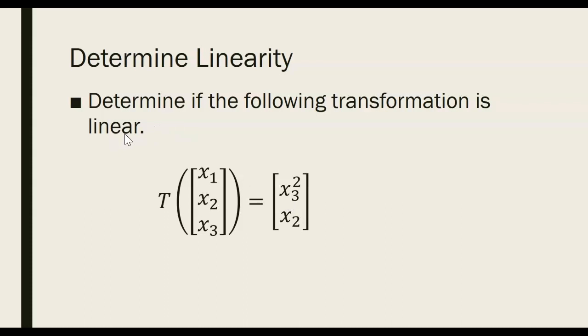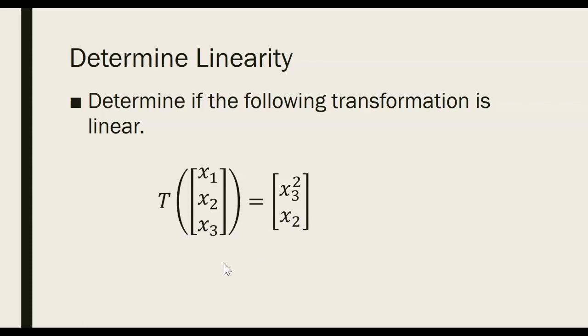Linear has something to do with lines. Linear equations all have our variables to the first power. So there should be red flags going off when we square things. And rightly so. This transformation is in fact not linear.